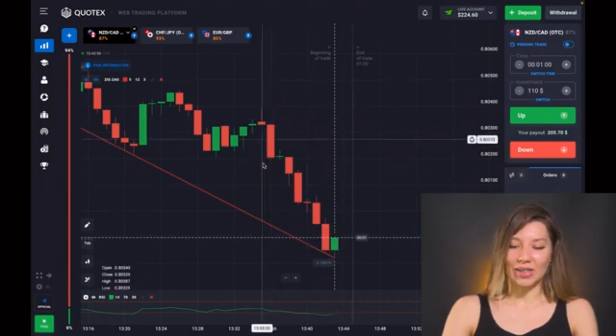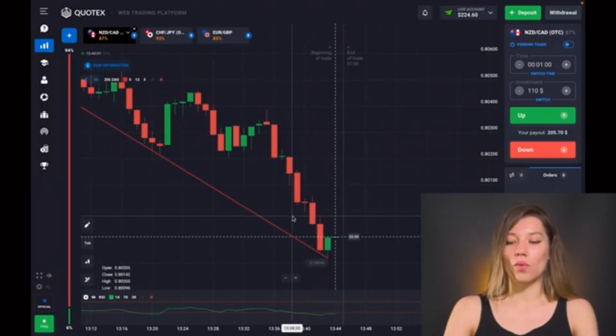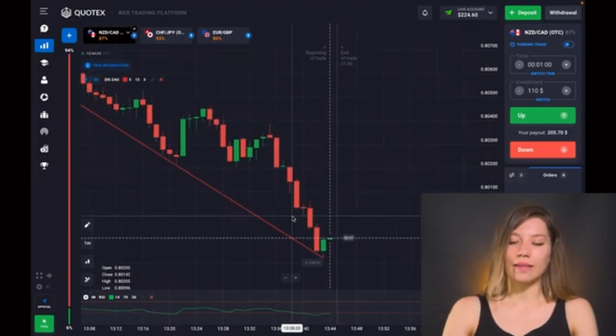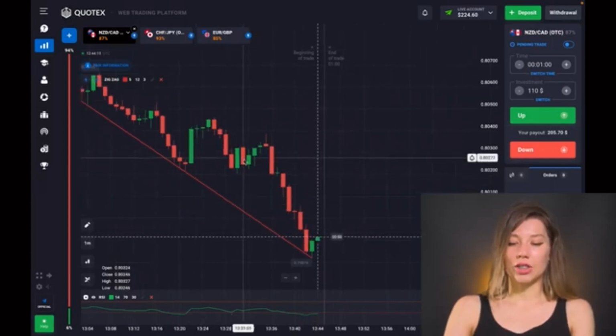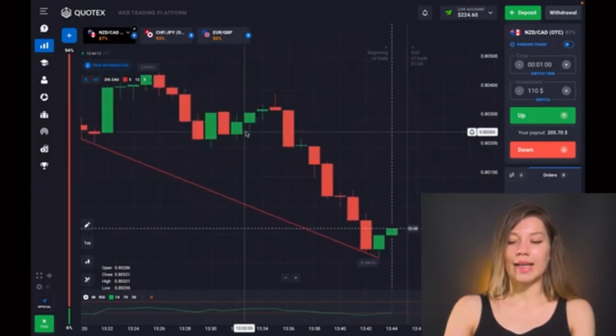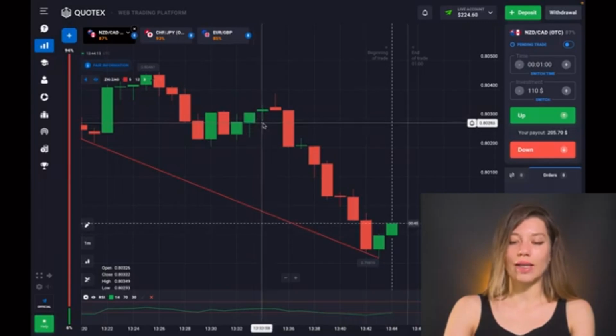As for the color, if the price is going or went in an up direction, then the candlestick will be colored green. Look here. And if the next time the price is going down, then the candle will be red, right?